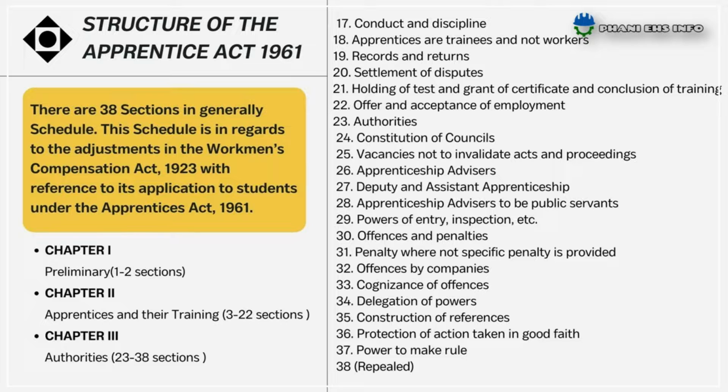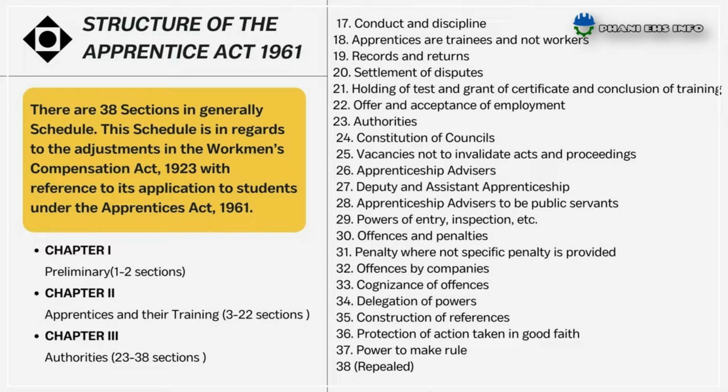24. Constitution of Councils. 25. Vacancies not to invalidate acts and proceedings. 26. Apprenticeship Advisors. 27. Deputy and Assistant Apprenticeship Advisors. 28. Apprenticeship Advisors to be public servants. 29. Powers of entry, inspection, etc. 30.